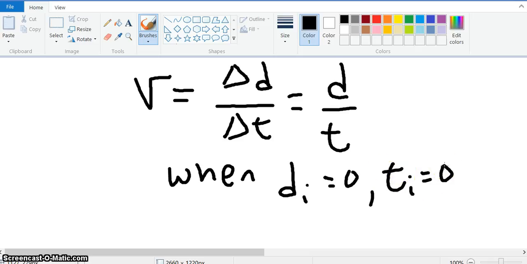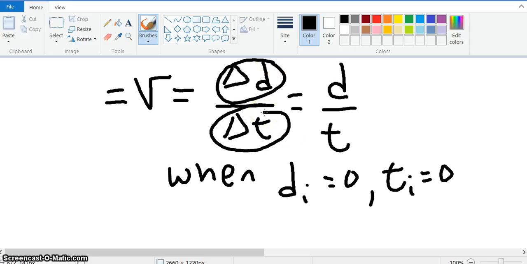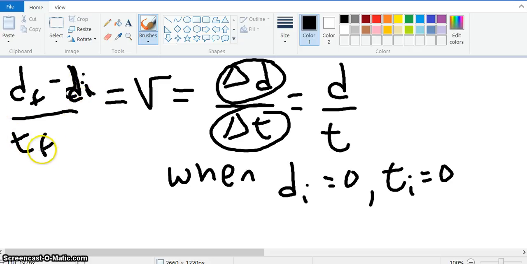So we can see that from here, let me write it in. This part right here, the delta d over the delta t, would actually be d final minus d initial, over t final minus t initial.